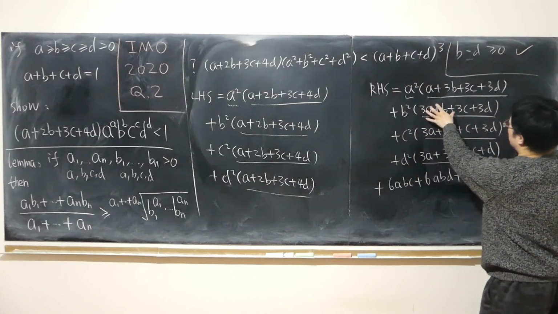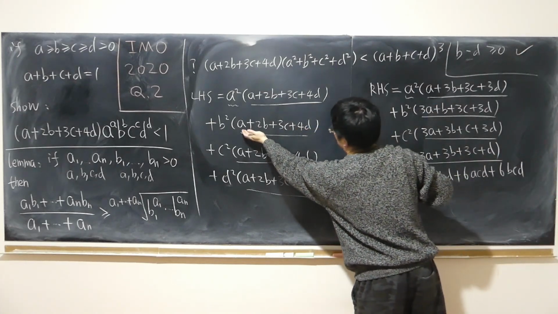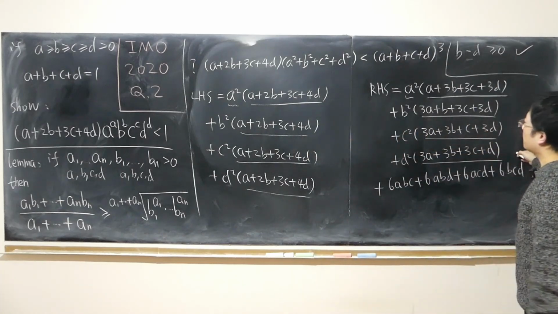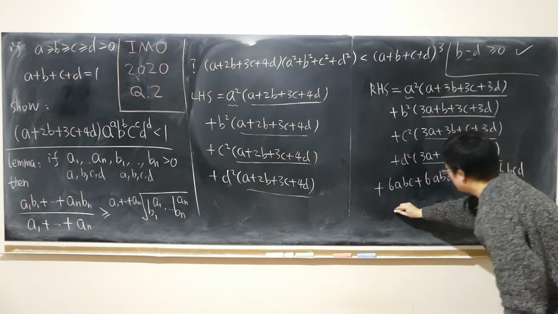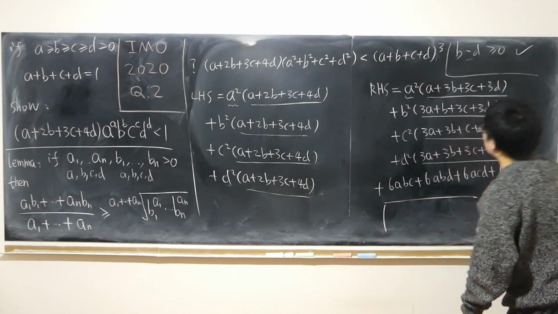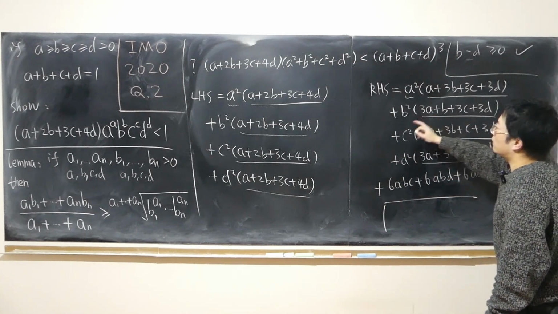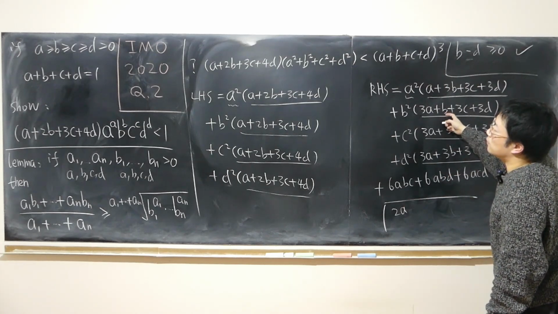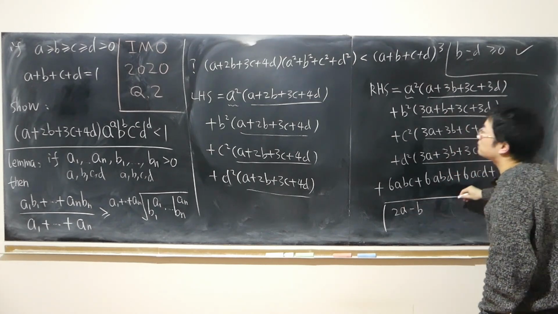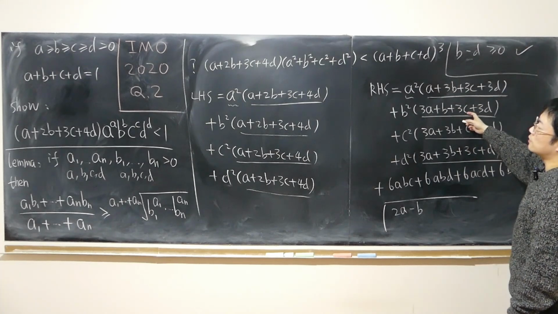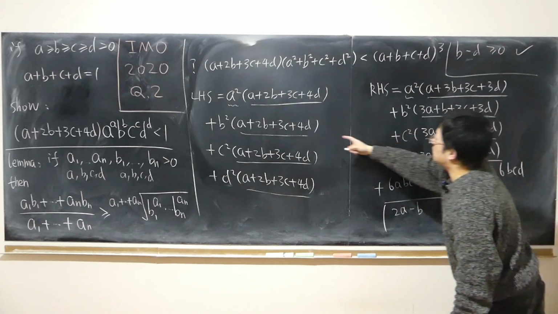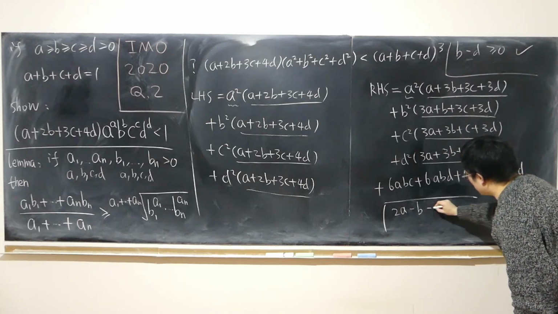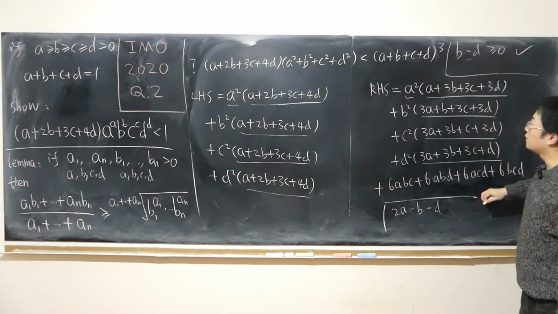Likewise, we use this minus that bit. Right? Looks like we get, what do we get? 3A minus A, 2A. B minus 2B, minus B. 3C minus 3C gone. 3D minus 4D, minus D. Similar.